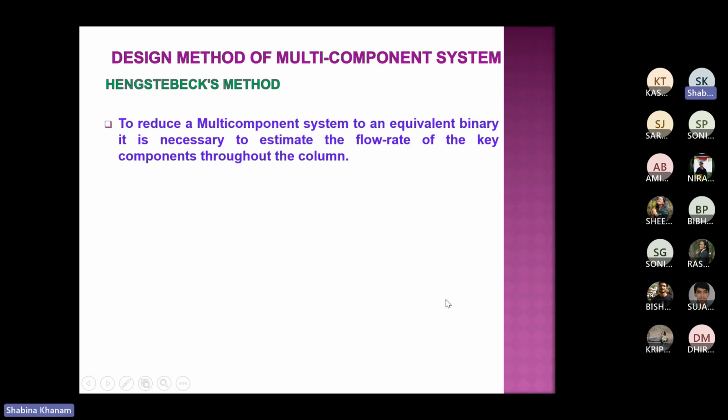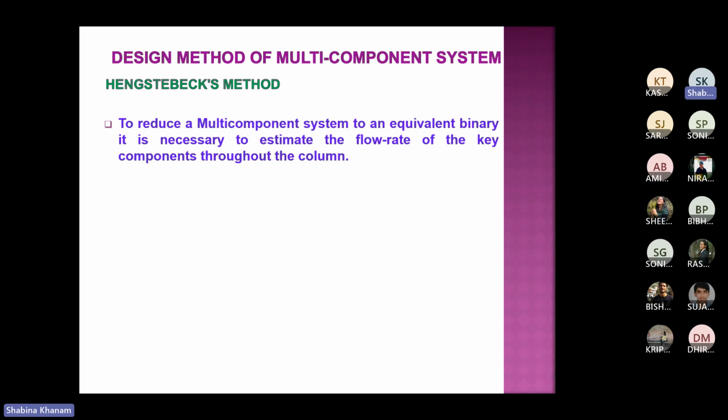Okay, so the point is all non-light-key components we can define based on the molar flow rate of individual components. So all those flow rates would be added. Just try and understand. You have defined the individual component flow rates, right? And whatever light non-key components are there, you will add flow rates of those components.